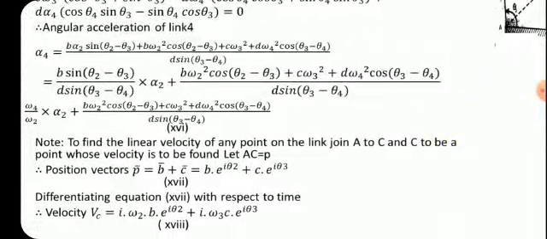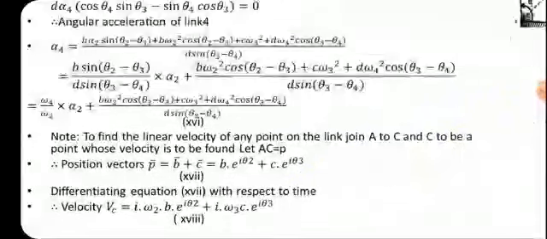Let AC is equal to P. Therefore, position vector P is equal to vector B plus vector C. Now let us see, this is the vector P, P is equal to vector B plus C, nothing but b e to the power i theta 2 plus c e to the power i theta 3. This is the equation.